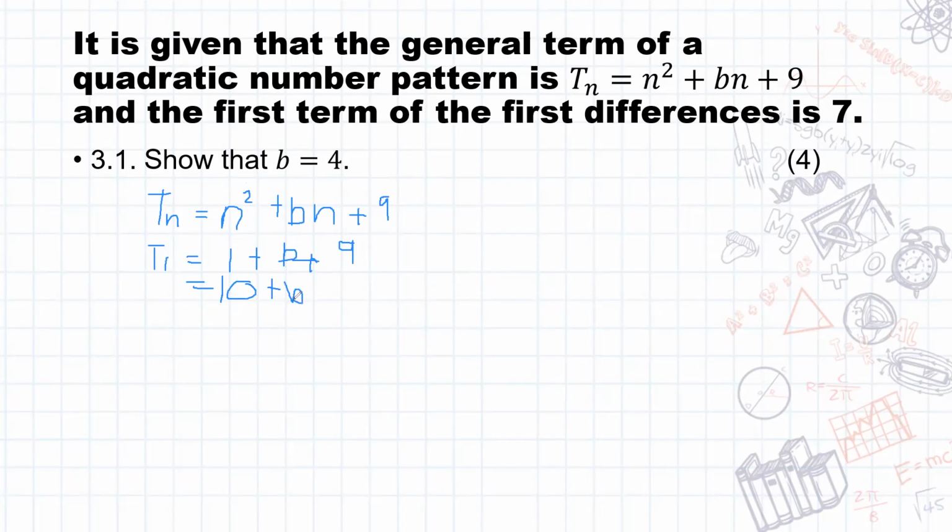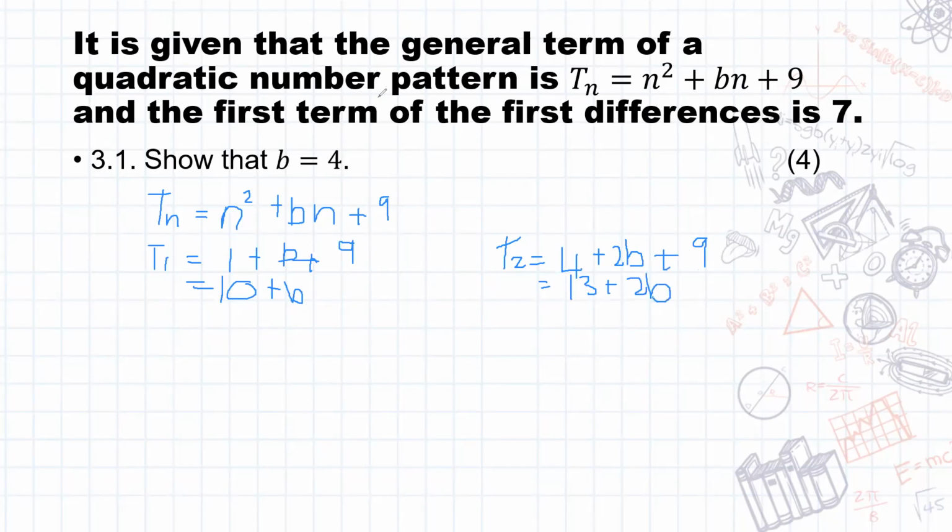If we do the same thing for term 2, we'll get 2 squared, which is equal to 4, plus 2b plus 9. And if we simplify that, we get 13 plus 2b.